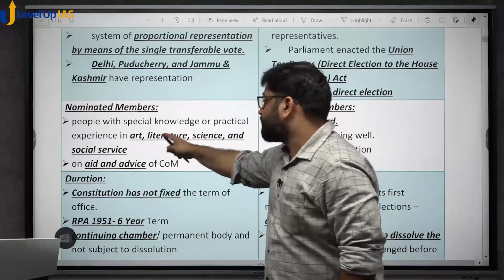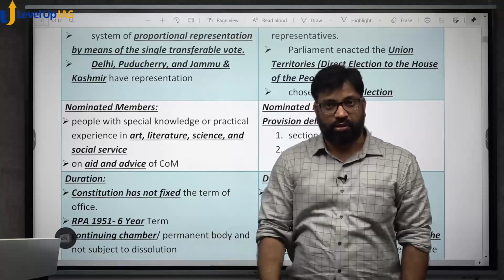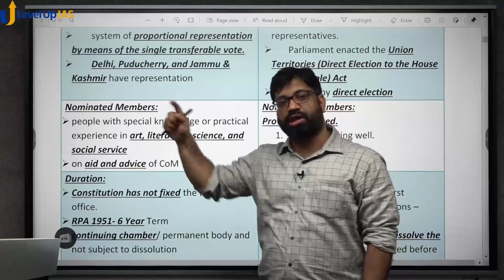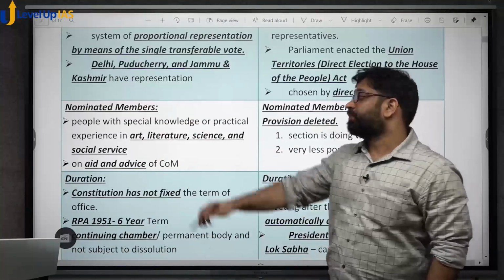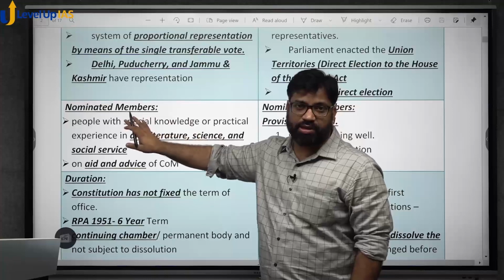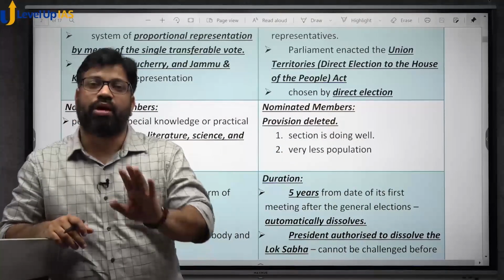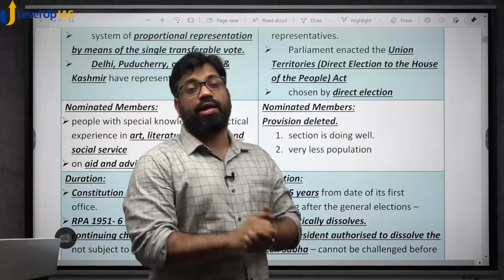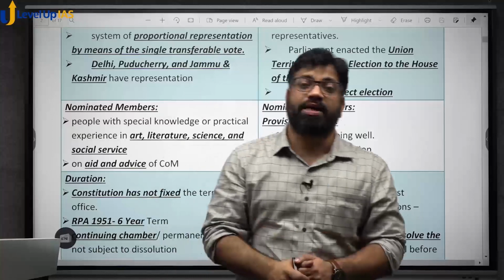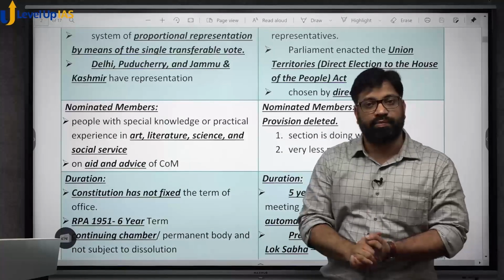There you will get these 4 things plus cooperative movement. Remember, so here there will be 4, in the state it becomes 5. The fifth one will be cooperative movement. And how does the nomination take place? Is it a discretionary power of the president? No, it is not a discretionary power of the president. Rather, he nominates the members based on the aid and advice given by the Council of Ministers.